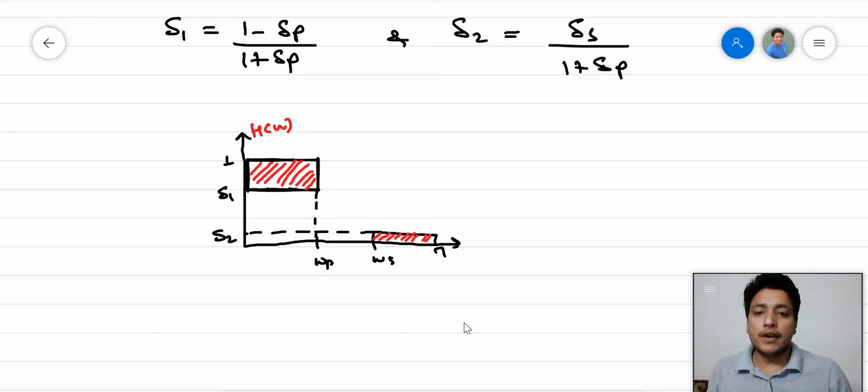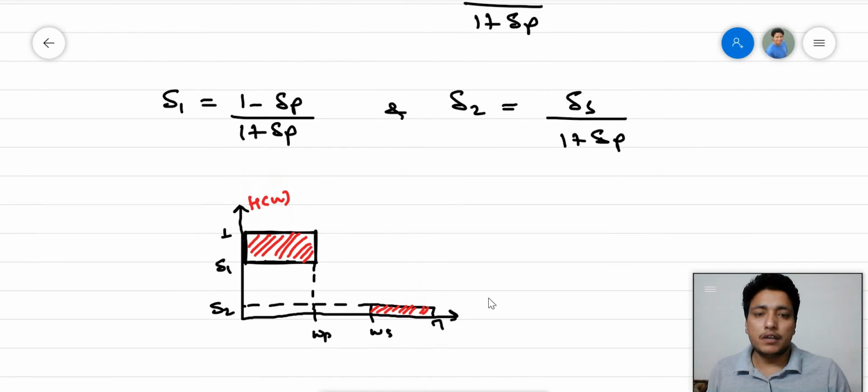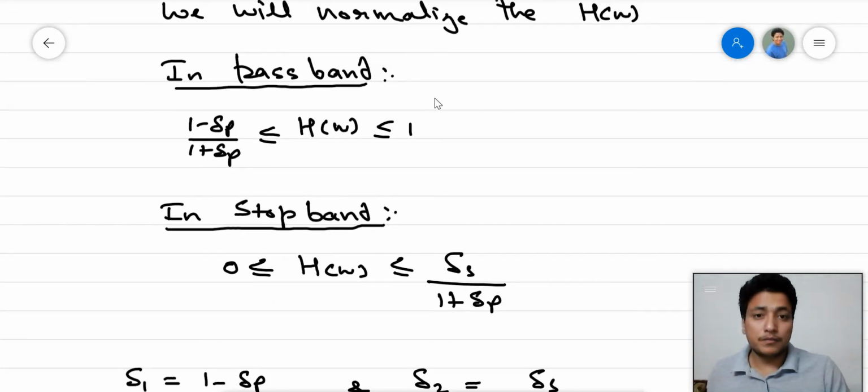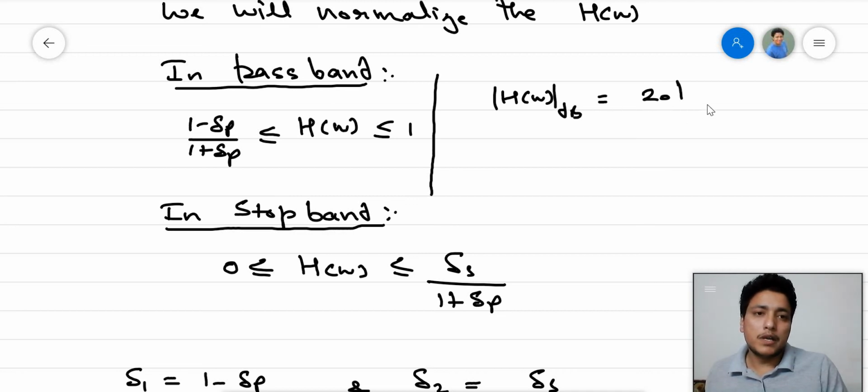Now if you want to find out the same relation in terms of dB, then H of omega in dB will be equal to 20 log base 10 of 1 minus delta p over 1 plus delta p.